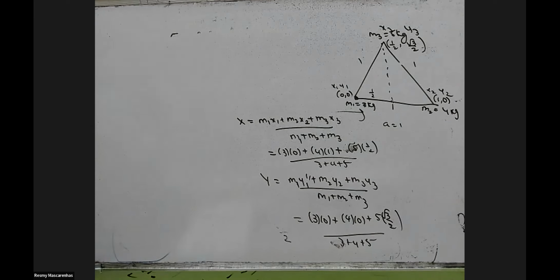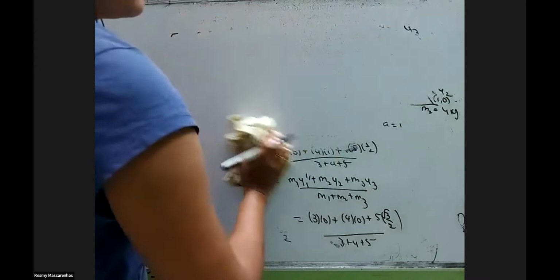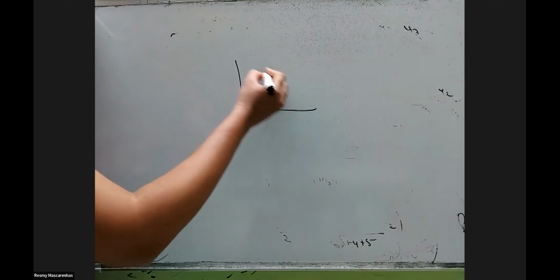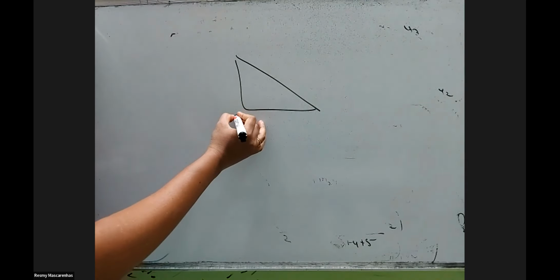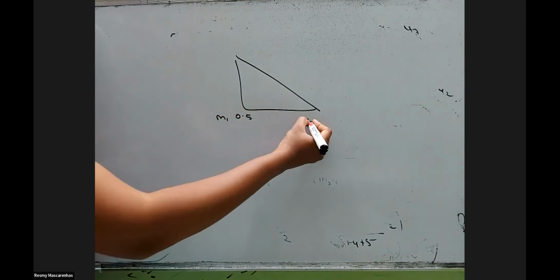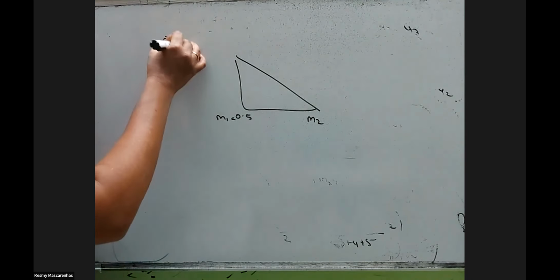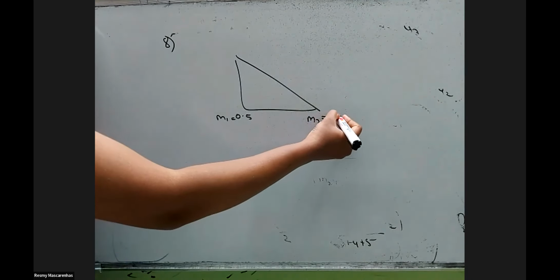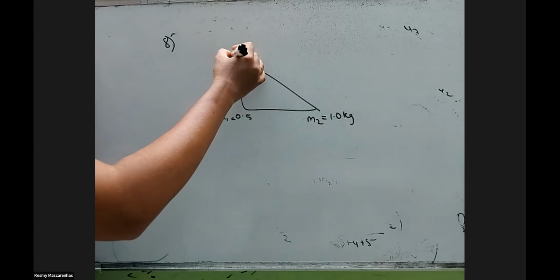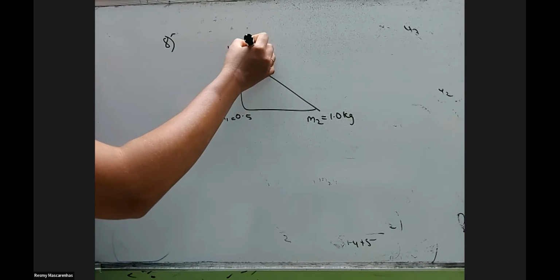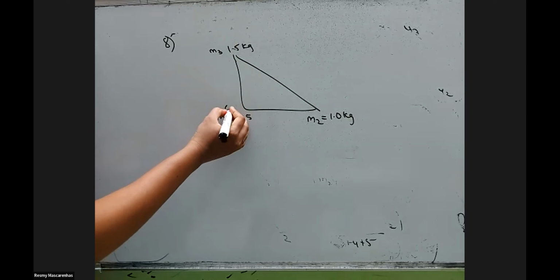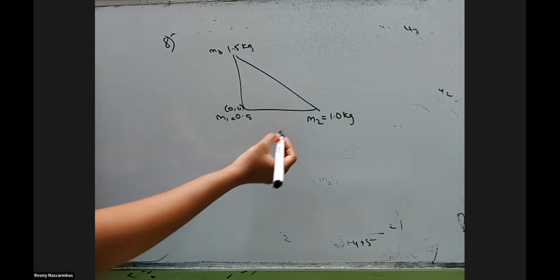The last one, the eighth one, is very simple. You don't even have to find the coordinates. Straight away, the distance is given as 0.5, m1. M2 is 1.0 kg. So the coordinates: this is 0, 0.